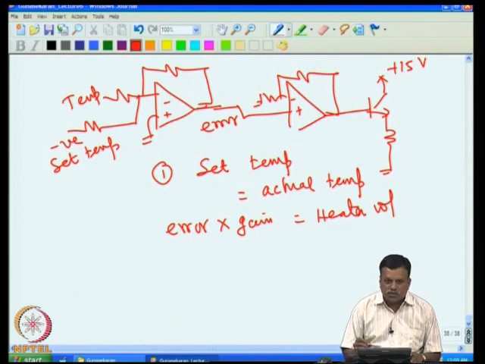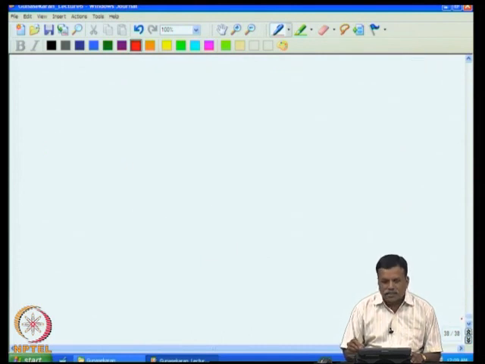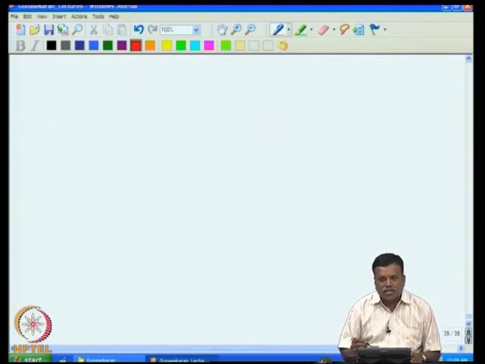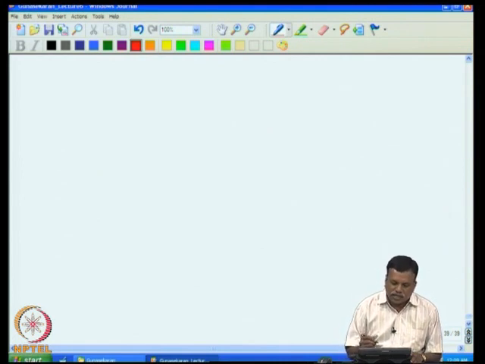So how to reduce this error voltage? That is where the proportional plus integral controller comes into the picture, and this is a really great invention. It was invented by practicing engineers, practically implementing this in many control systems.